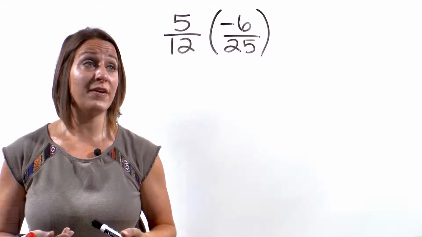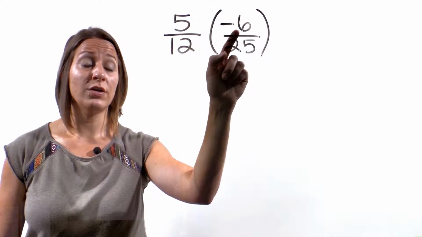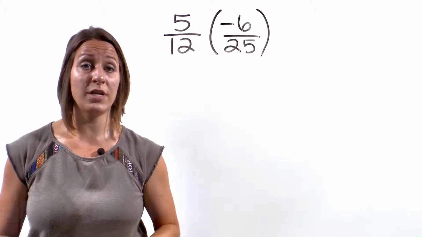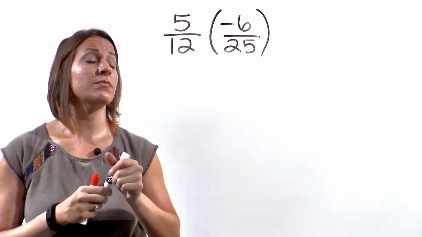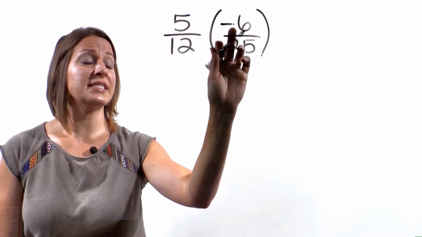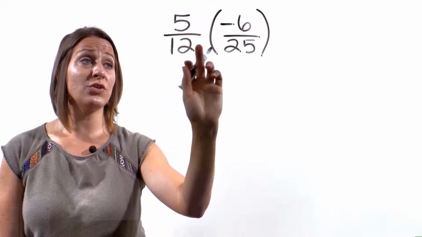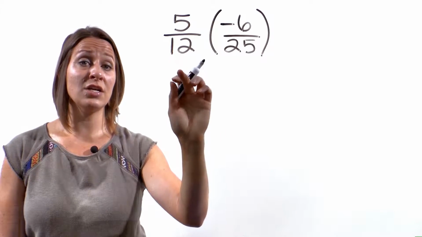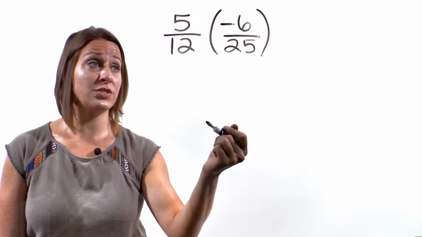Now when we simplify fractions, we can simplify either numerator with either denominator. So, for example, the 6 can simplify or reduce with the 12, even though they're in different fractions. As long as one is in the numerator and one is in the denominator, we can reduce.